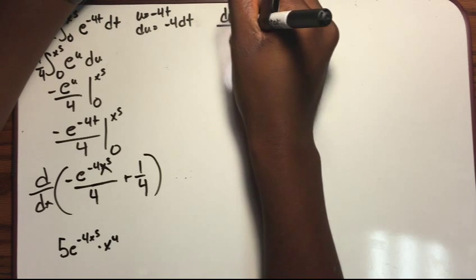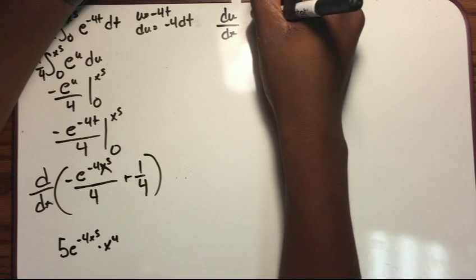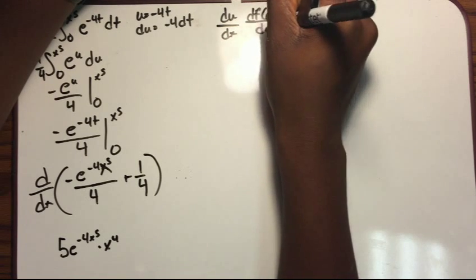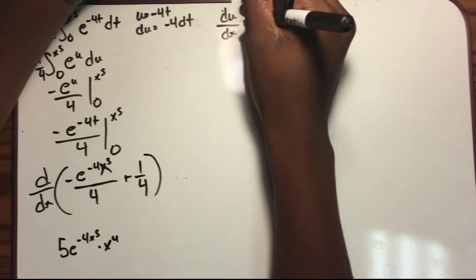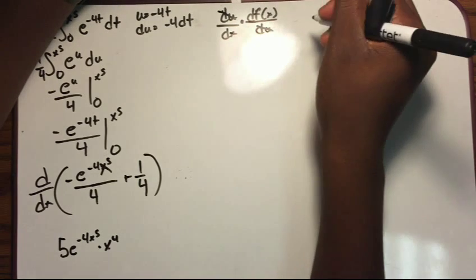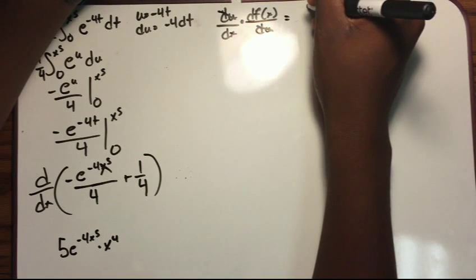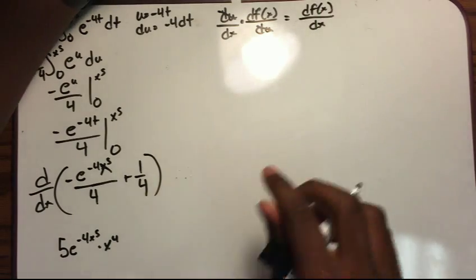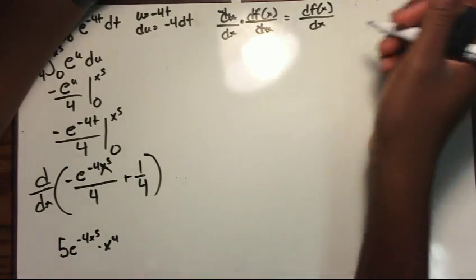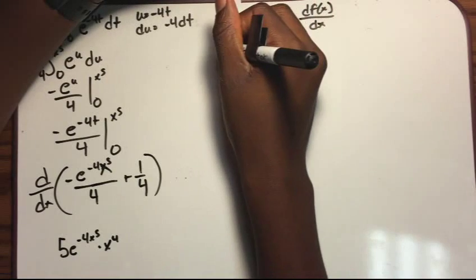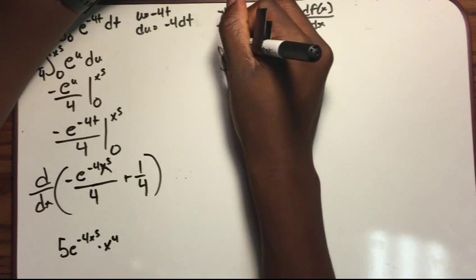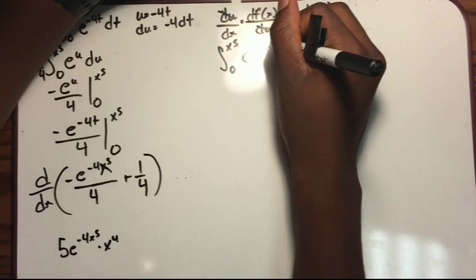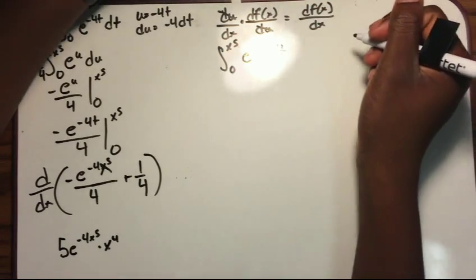To solve with the first part of the fundamental theorem, we're going to figure out what du over dx is, and also solve what df of x over du is. Once we have those, we multiply them so we can cross out the du's, and we get our df of x over dx, which is the same thing we got here.